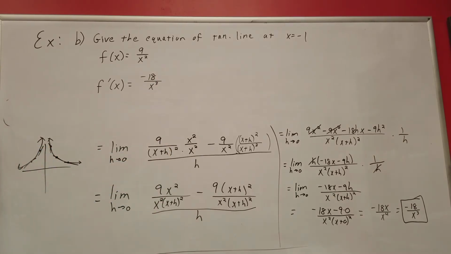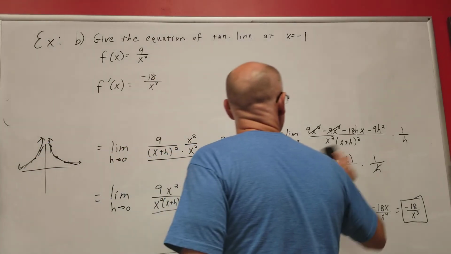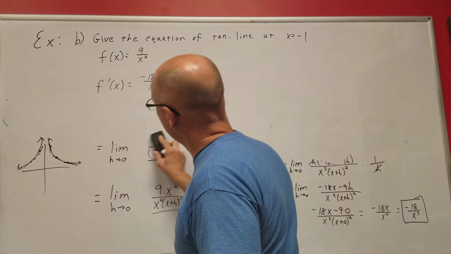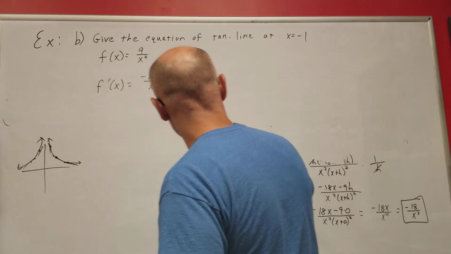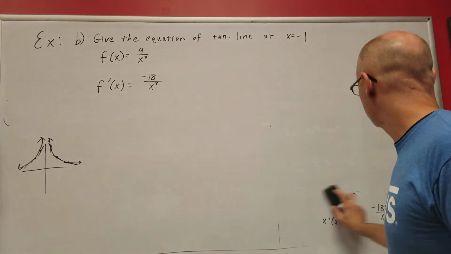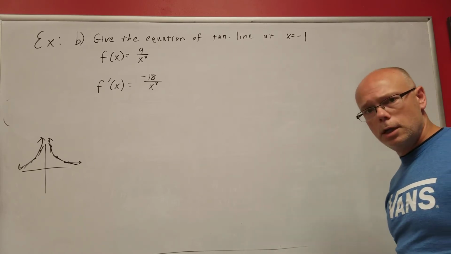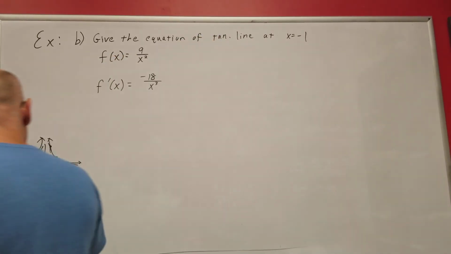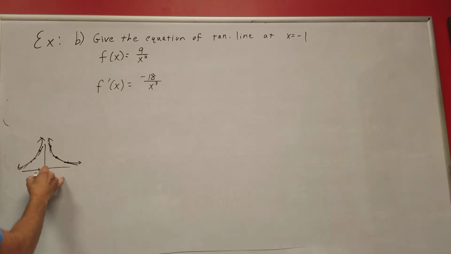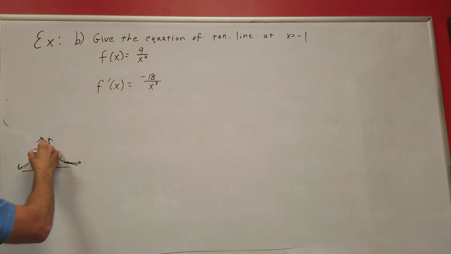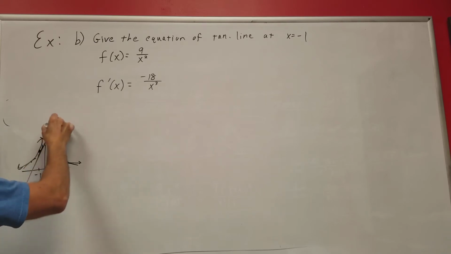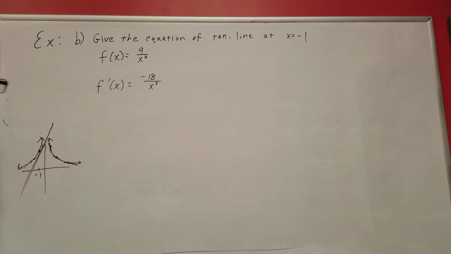So they want us to find the equation of the tangent line at x equal to -1. In other words, let's say I have -1 right here. I want the equation of the tangent line to this curve at -1. I want the equation of that tangent line right there.